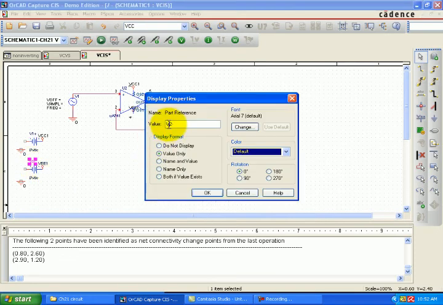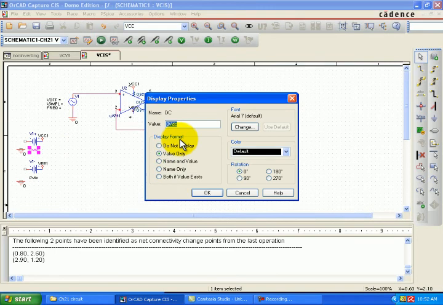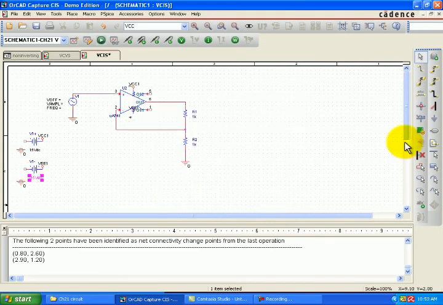Give the 15 volt DC supply to the IC. 1 volt, 1K to the input of the positive amplifier.